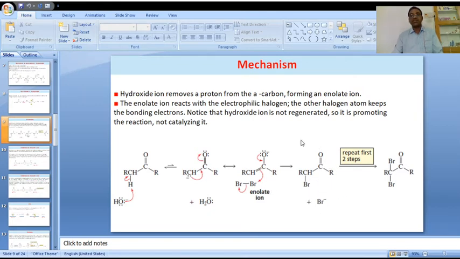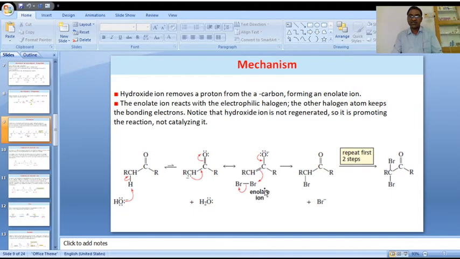Here, this is the monohalogen substituted carbonyl compound. From this monohalogen substituted carbonyl compound, the reaction repeats the first two steps.